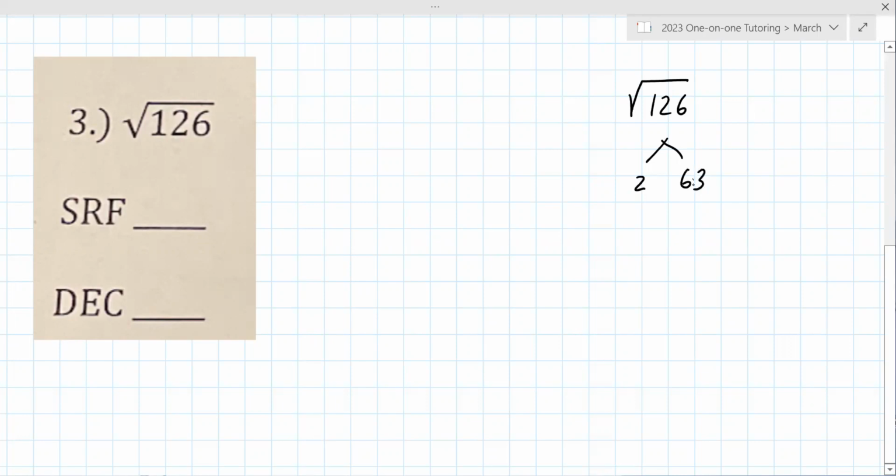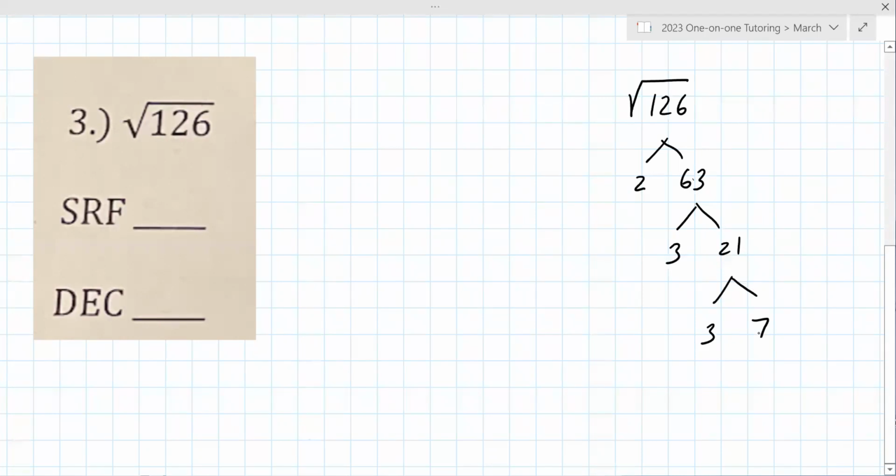Okay. Does 2 go into 63? No, it does not. Does 3 go into 63? Yes. What does that become? 21. Does 3 go into 21? Yep, it's 7. Very good.